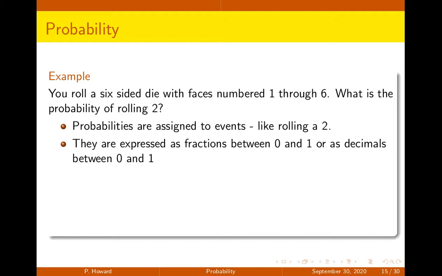That could be expressed either as a fraction 1/2, or as a decimal 0.5, or as a percent. 0.5 is 50%. But in this course, we will mainly be using fractions and decimals.